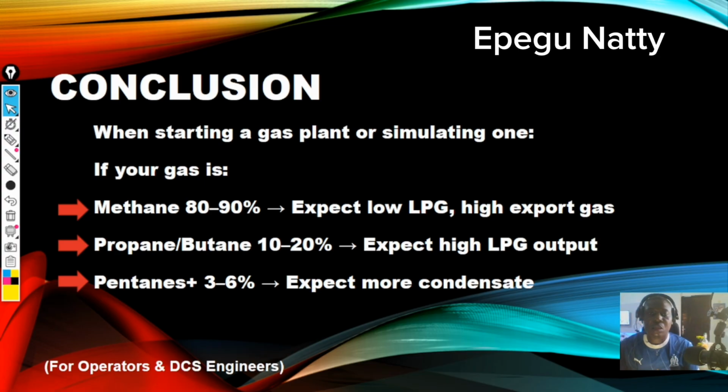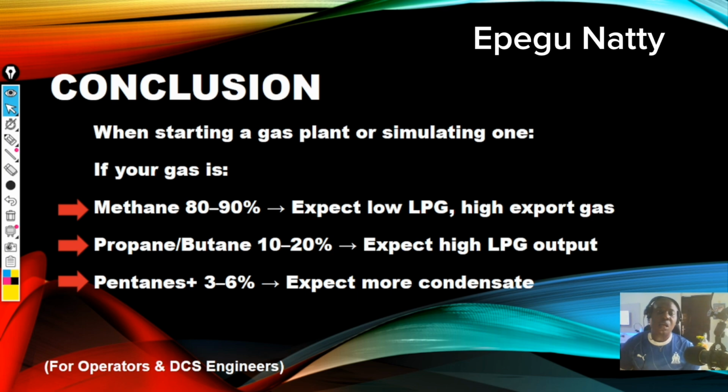If the gas composition that you want to process has 80% to 90% methane, you know that gas is a lean gas, and the product you're going to be getting is low LPG, and you're going to be having high export gas or sales gas.